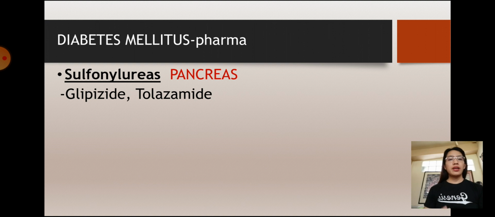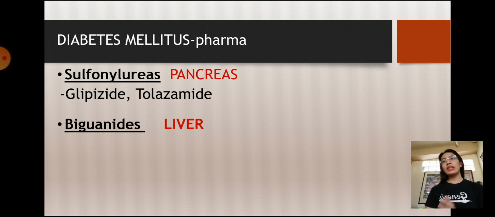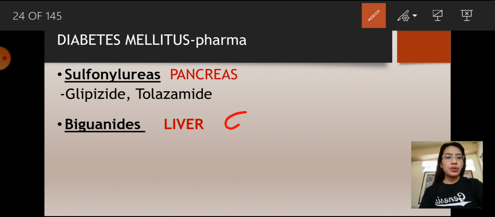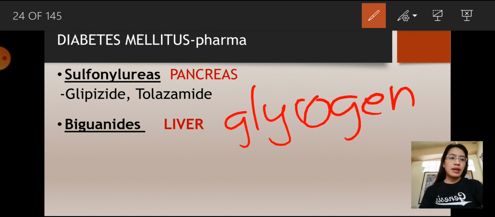Another kind of drug that is being advised or prescribed to DM type 2 patient will be your biguanides. Ang action naman niyan is on the liver. Now, liver. Bakit anong kinalaman ng liver? Ang liver natin may nakatagong asukal diyan. Tama ba? Ang pangalan ng nakatagong asukal diyan is your glycogen. Okay? So, ganito siya, guys. Pag kumain ka, ang glucose mo nako-convert yan into ATP, right? Para maging energy natin.